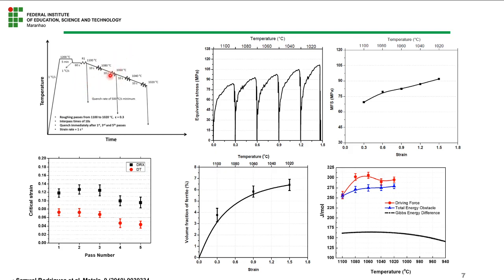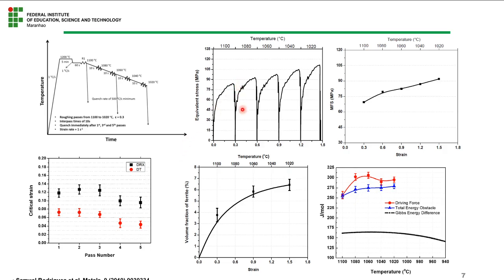After the third pass, we quenched the sample, and after the fifth pass, we quenched the sample as well to calculate the volume fraction of ferrite. Here we have the information about the simulation that we used, and the strain rate was fixed at 1 strain per second.